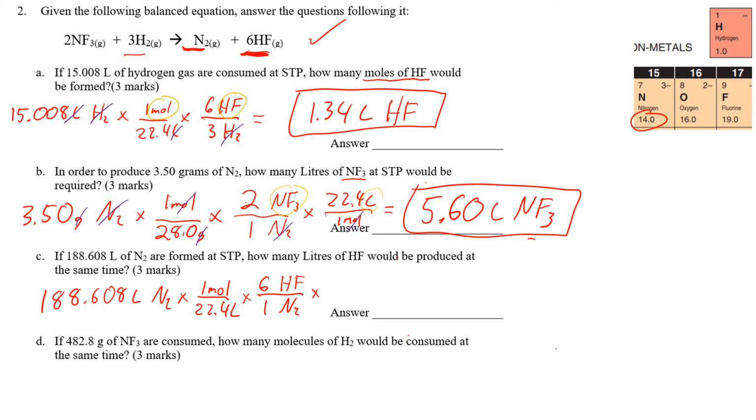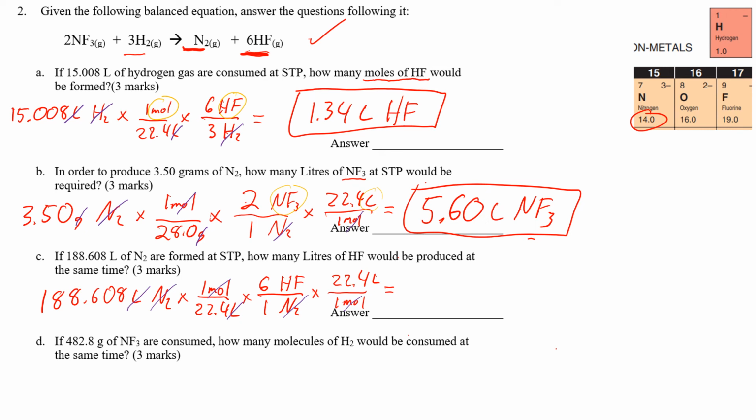Now, if I did a unit check, I would be in moles of HF, and I don't want moles of HF, I want liters of HF. So I'm going to go 22.4 liters over 1 mole. Quick unit check: liters cancels with liters, nitrogen cancels with nitrogen, moles cancels with moles. The only thing that has not been canceled is liters of HF, so I know I've set my question up correctly.